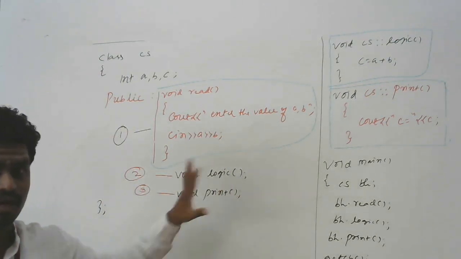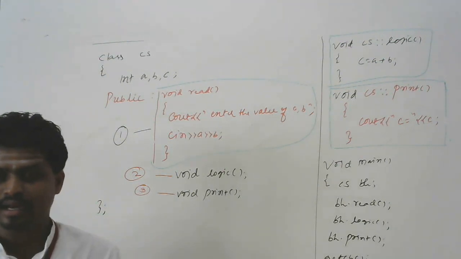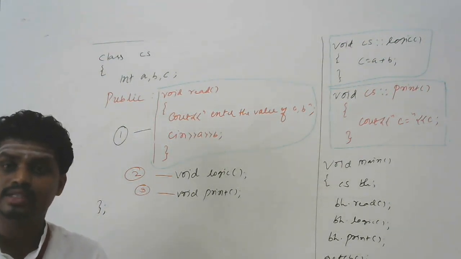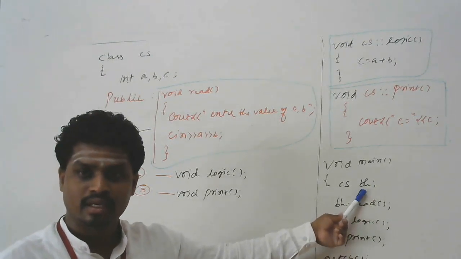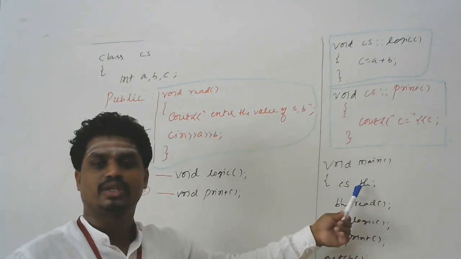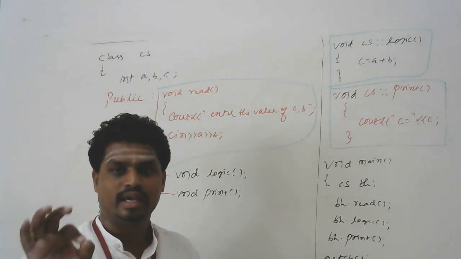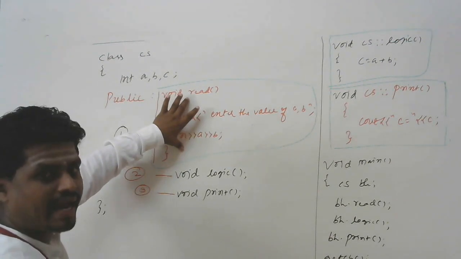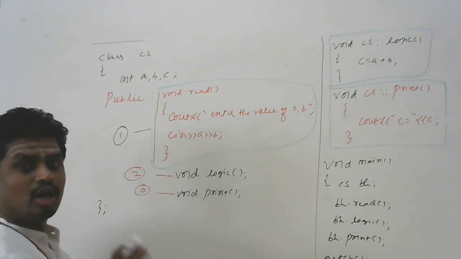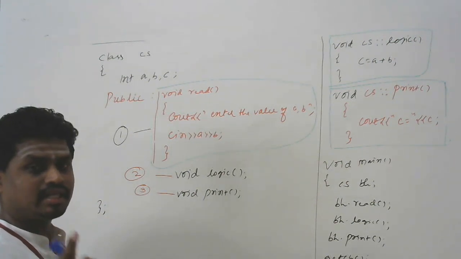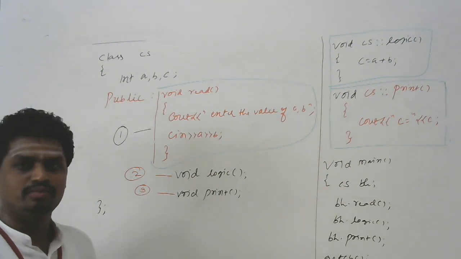In a single program, you can have n number of functions, as well as n number of reference objects. However many reference objects you declare, each and every member function in your class will be linked with those many reference objects.